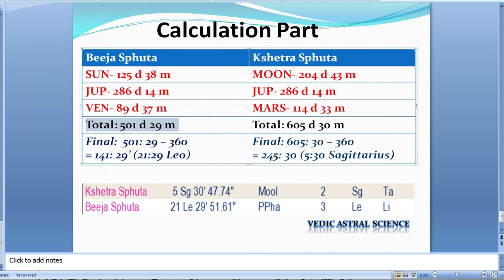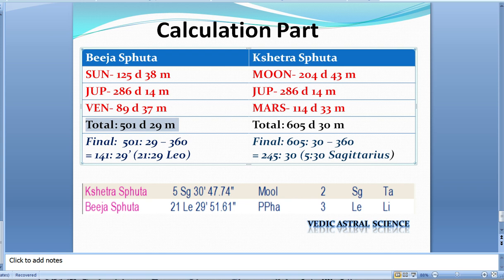If it is more than 720 degrees, then you have to subtract 720 degrees from the final result. Then you obtain the resultant 141 degrees and 29 minutes, which means the Beeja Sphuta will be placed in 21 degrees and 29 minutes in the Leo sign.